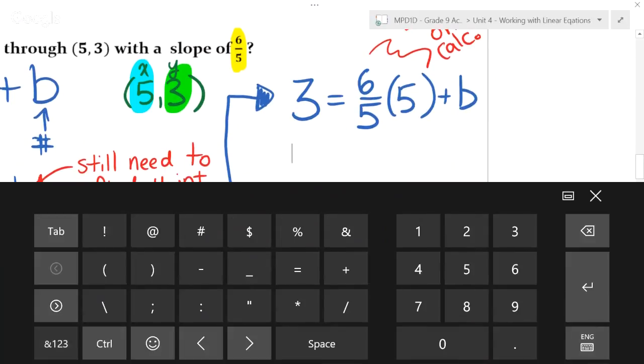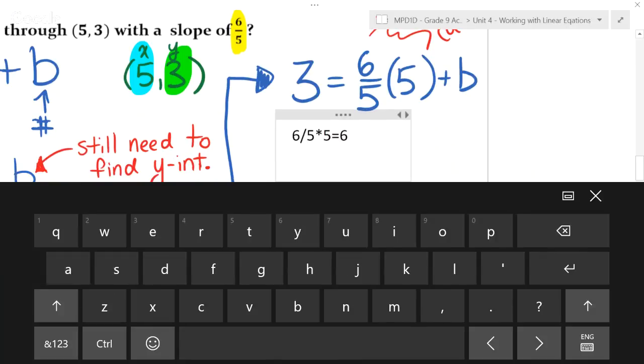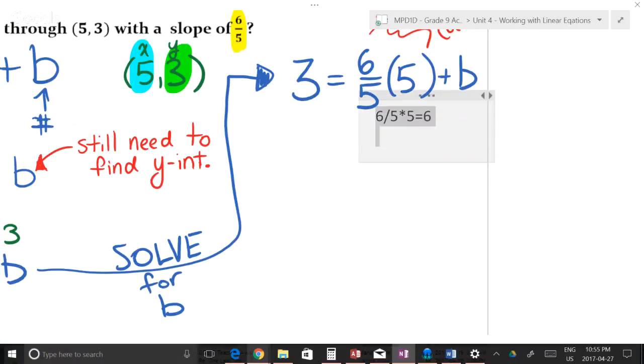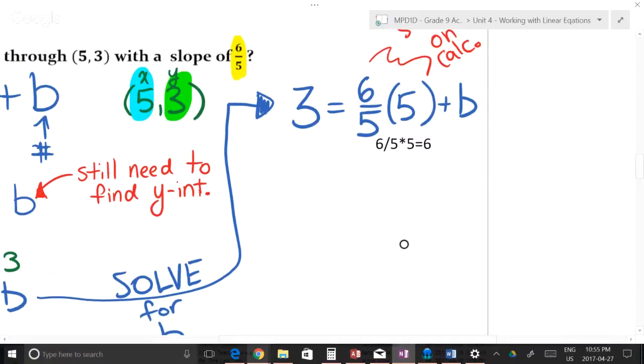But I would just say, anytime you have this, because you're often going to have a fraction times whatever the x value is, it'll often be pretty nasty. Just do that. 6 divided by 5 times 5. And in this case, it's actually not a bad one. That just equals 6.